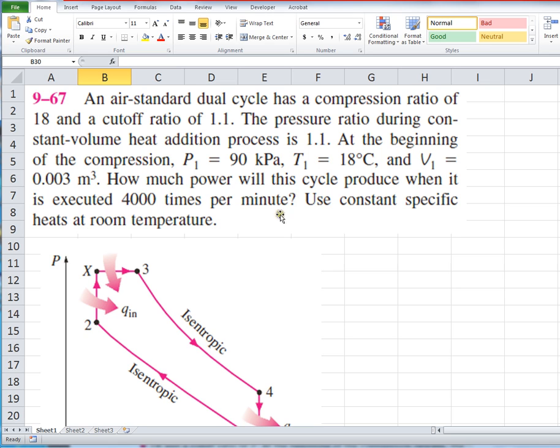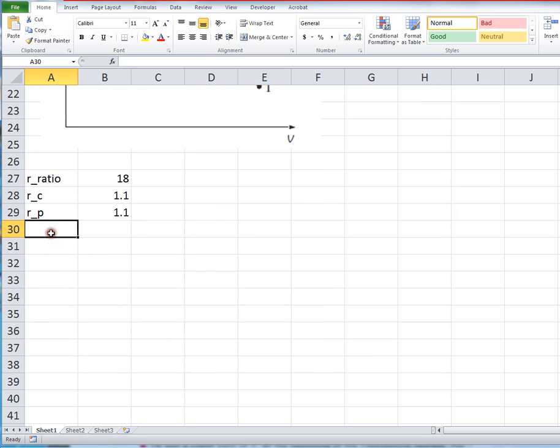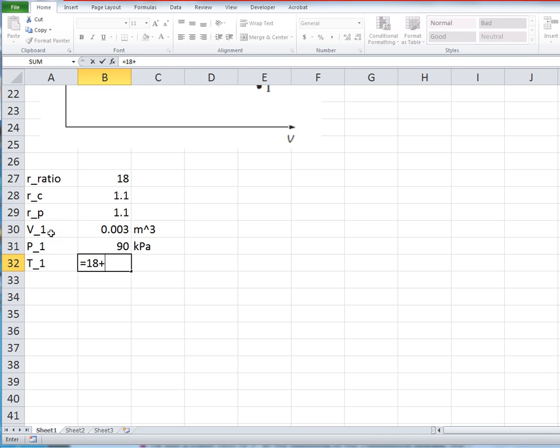P1 equals 90, T1 equals 18, and V1 equals 0.0003 meters cubed. And T1 is 18 degrees K, excuse me.